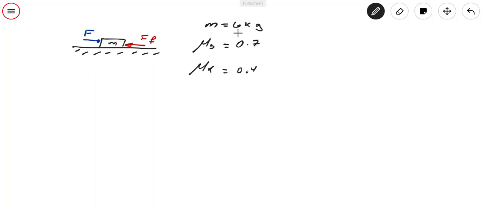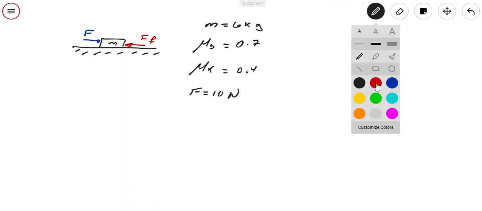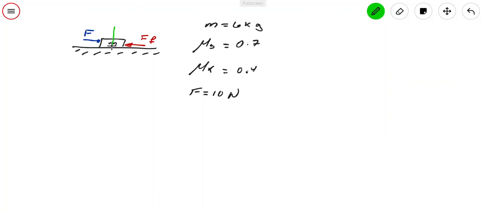So let us think that we are applying a force F equal to 10 newtons, and we want to know if with this force of 10 newtons, this block is going to move or not, along this surface.